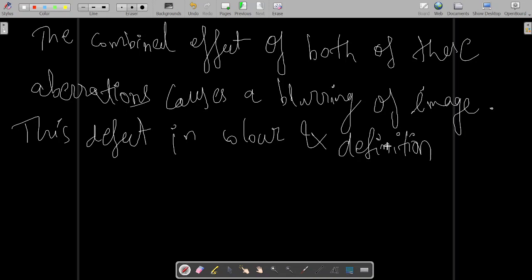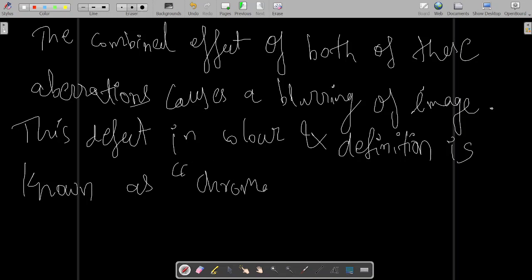This defect in color and definition is known as chromatic aberration in general. Okay. This is known as chromatic aberration. Okay.